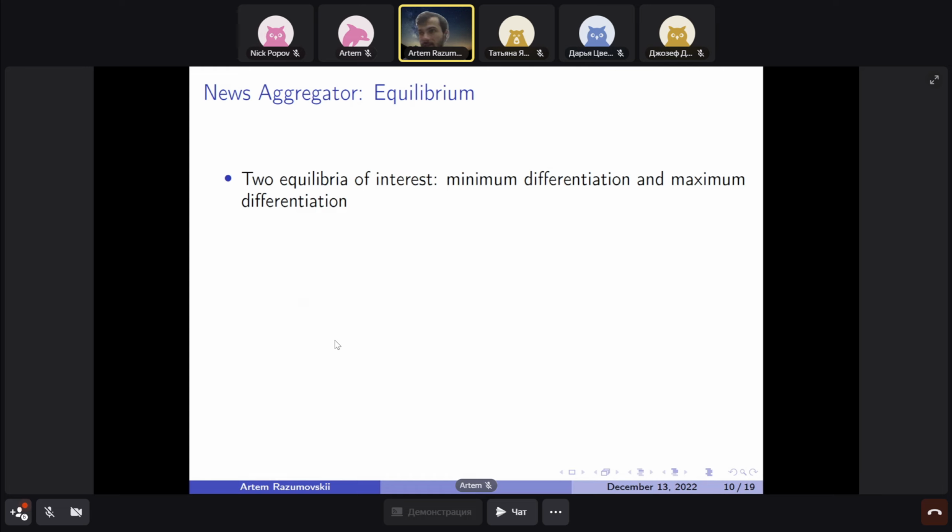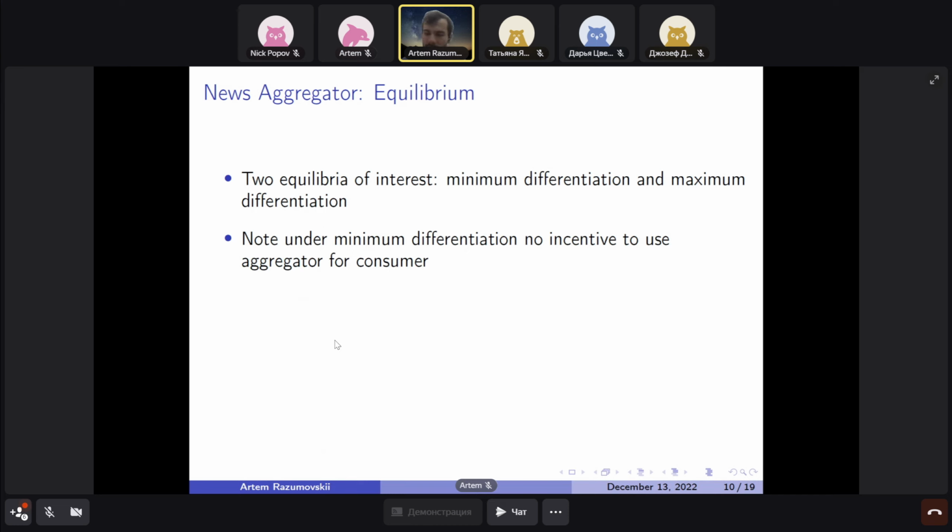Okay, so then we will focus on two types of equilibrium. The equilibrium with minimal differentiation. That means that agencies produce good news on the same topic, so one agency produces almost the same topics as another agency, and then maybe something else of good quality as well.